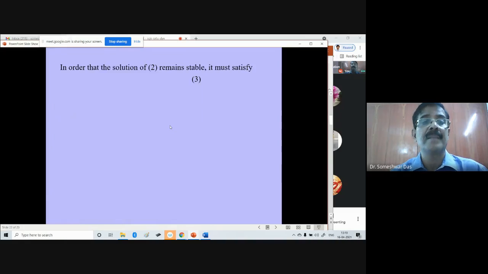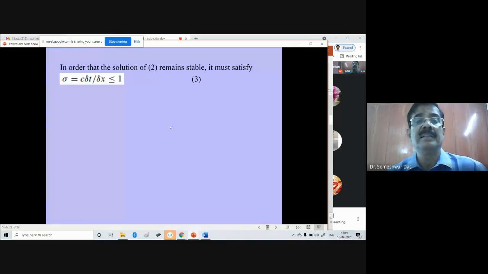Then, in order that the solution of the second equation, the last equation, remain stable, it must satisfy this criterion. Sigma, which is the Courant-Friedrichs number, is equal to C delta T divided by delta X, and this must be less than or equal to 1.